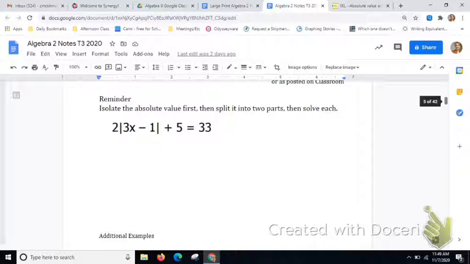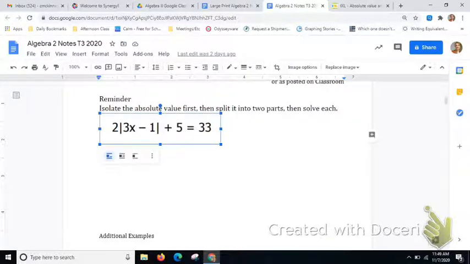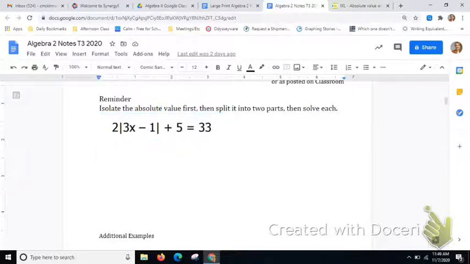So basically treat the whole bars like this is one giant X. Do what you would have to do to get that by itself. Then you put it into two pieces.